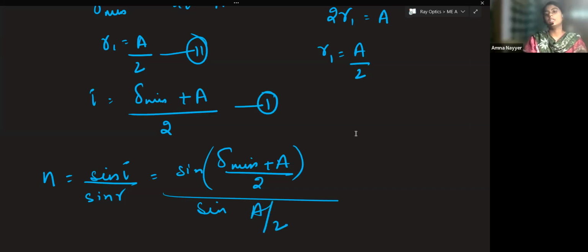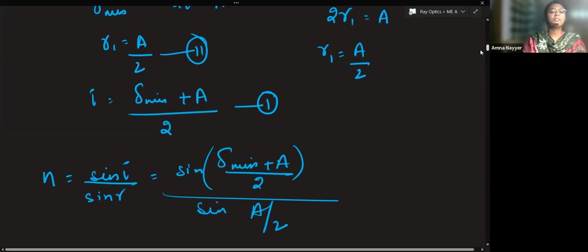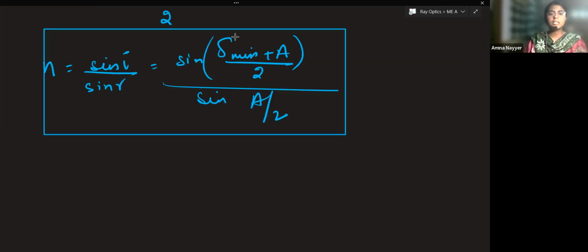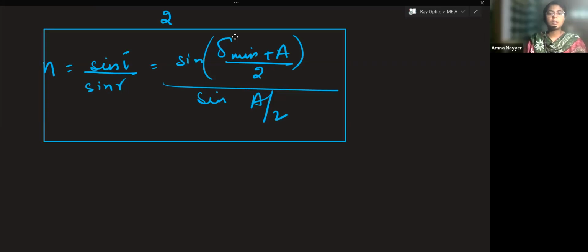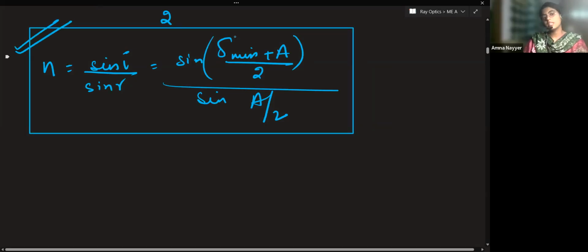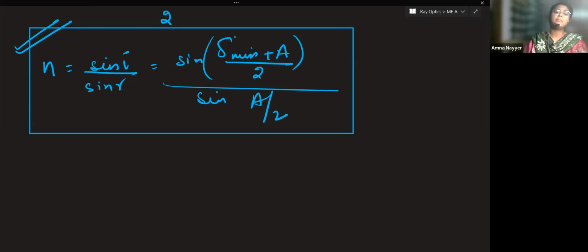Sine A by 2. This is the full formula for the refractive index also, from which the angle of minimum deviation is calculated. Sometimes n will be given and delta minimum will be asked. Most of the time delta minimum will be given and n will be asked. This is the final formula for it.